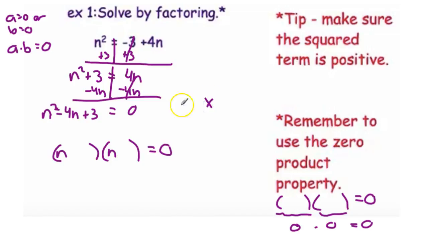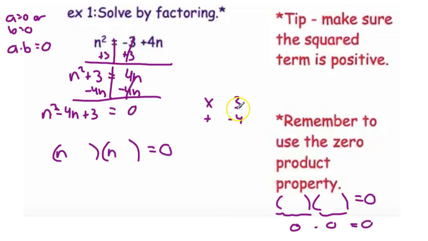So back to the Australian method. We multiply the a in front of the n squared times the c. 1 times 3 is 3. And then we're going to add numbers that will equal this negative 4, the b term, negative 4. So what numbers multiply to equal 3, and when I add equal negative 4?